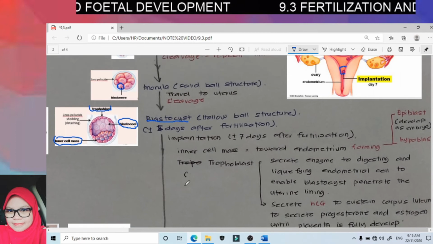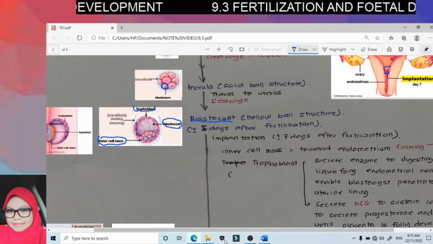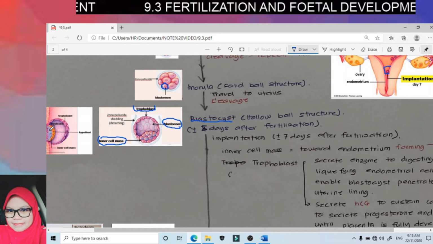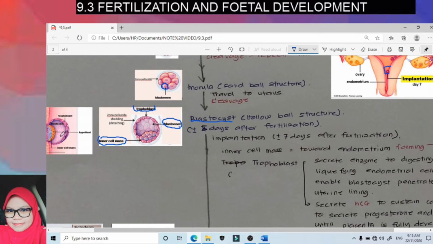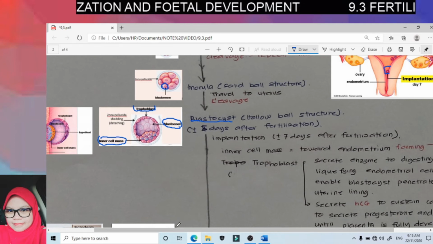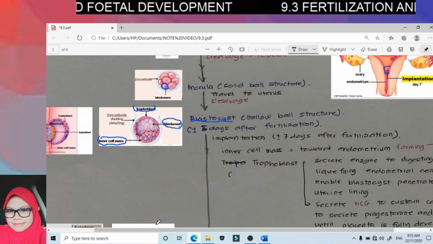Means bahagian inner cell mass akan berada towards endometrium. So dia akan berada ke dalam. Maksudnya dia yang akan tertanam di dalam endometrium. So it may form two important structures, which are the epiblast and hypoblast. Okay, epiblast and hypoblast.